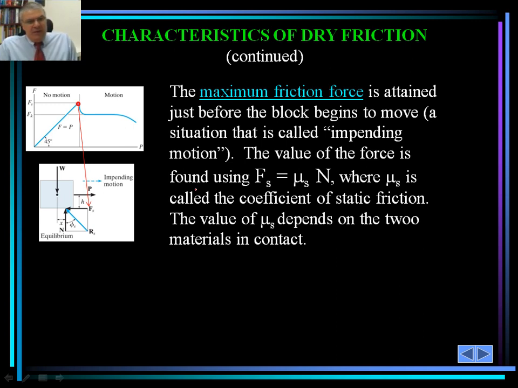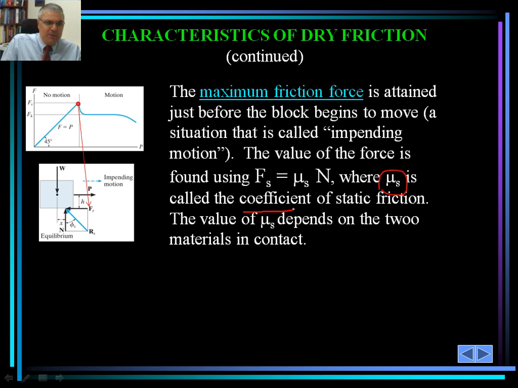Now it's important to realize that the value of F sub S is correlated to the normal force N by a factor mu sub S, or a coefficient mu sub S, which we call the coefficient of static friction. Mu sub S is more common.